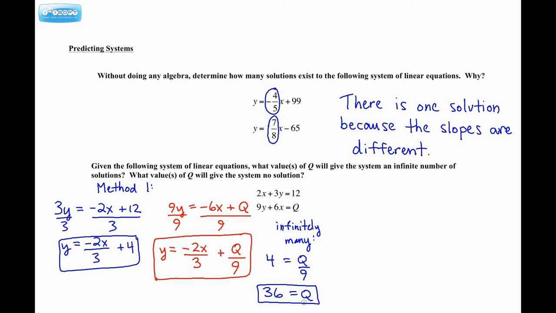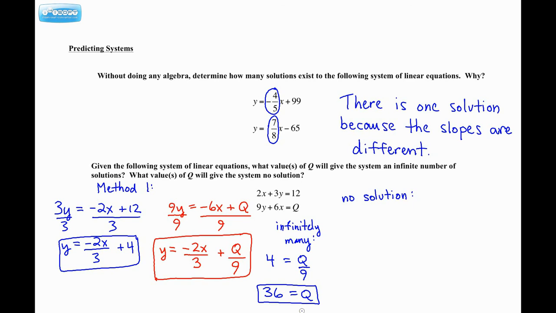What does q have to be such that there are no solutions? Well, to answer this, it's actually easier than you might think. So no solution. Okay. Well, we already know, because the slopes are always the same, there can never be just one solution.